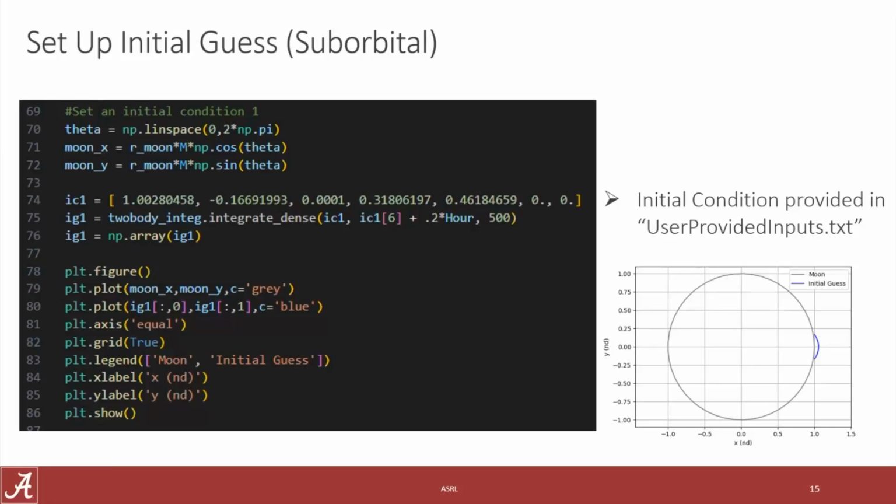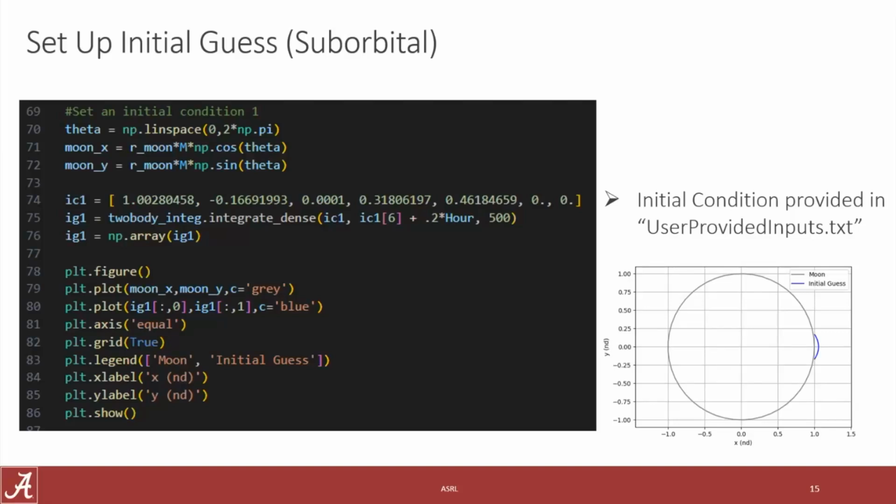This section here is essentially just for plotting purposes, where we want to plot the actual spherical Moon to know the surface, because I mentioned this initial condition that you're given is going to be a suborbital hop that goes from close to the surface of the Moon, and if you propagate it out, it goes close to back to the surface, like this plot over to the right. So go ahead and just code this section up just for plotting.